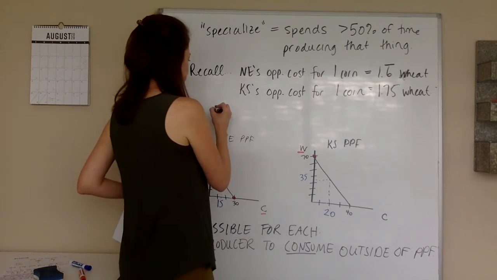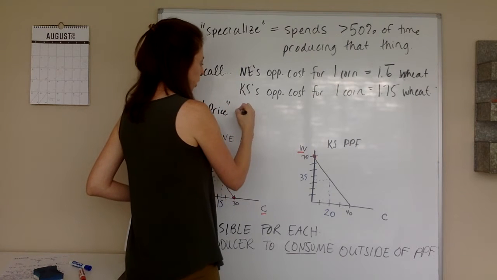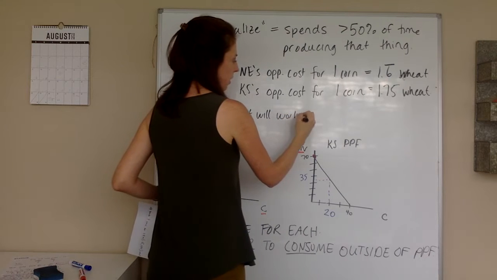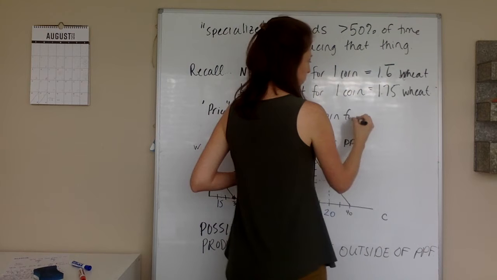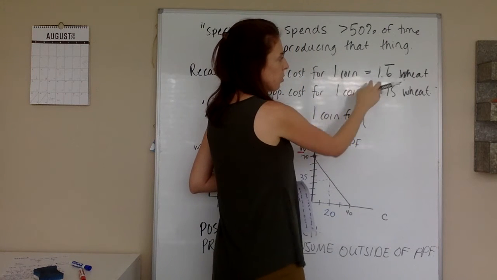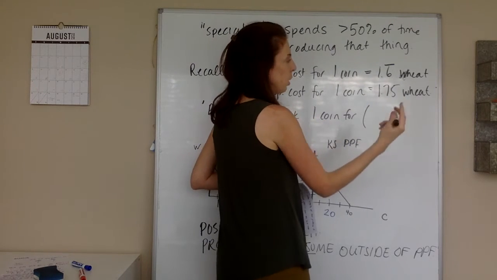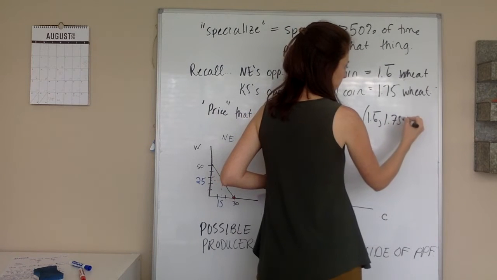So what that means here is the price that will work is going to be 1 corn for some number between 1.66 and 1.75, that many wheats. So let me write that and then I'll back up and talk.